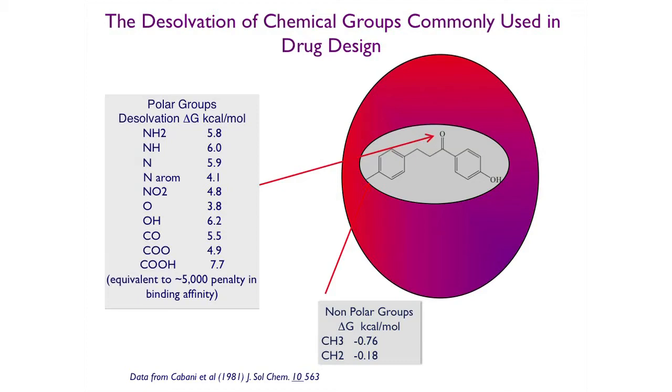That means that if a polar group gets desolvated and goes inside the binding cavity without making any interaction, like if it were in vacuum, it will pay a penalty on the order of 5,000 to the binding affinity.